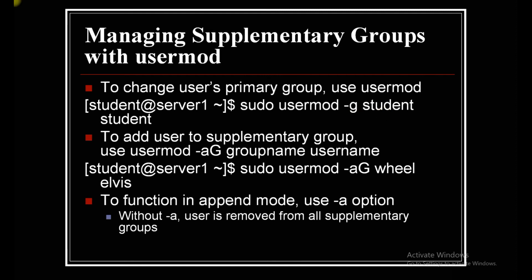And now student is also part of maybe the finance department, so what you have to do is mention -aG. In that case it will take finance as the secondary group. If you don't mention -a, it will take as the secondary group whatever was previously defined, or if you have not defined any, it will take the first secondary name, finance.